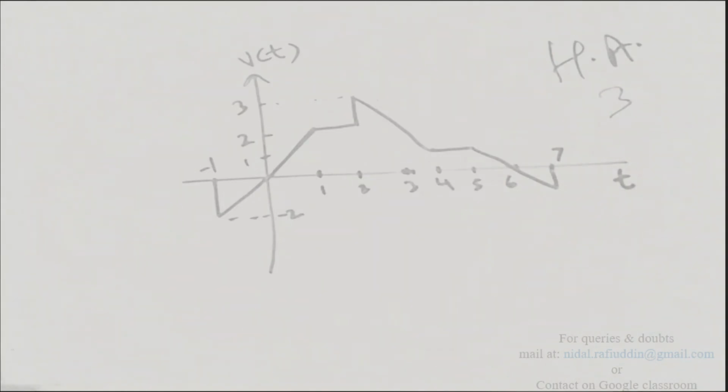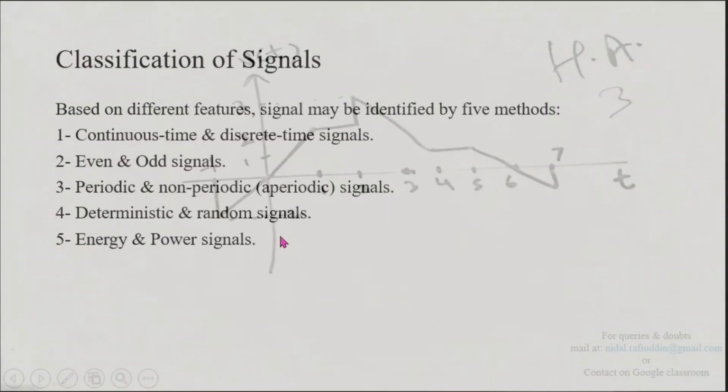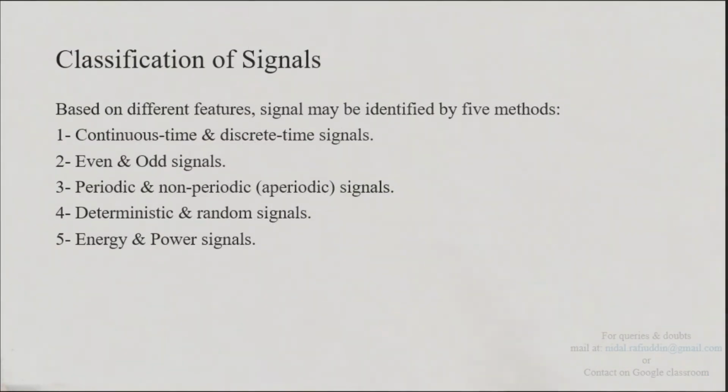Now we move on towards the remaining classification of the signals. Based on the features, if you remember, we have already discussed the classifications of the continuous time and discrete time signals as well, and these were the 5 classifications into which we broadly classify signals.